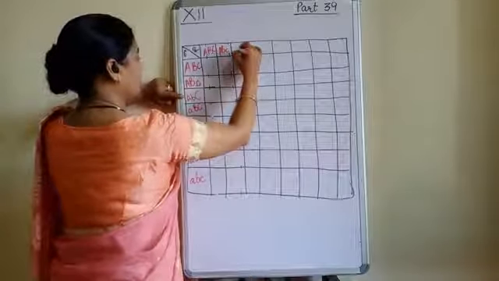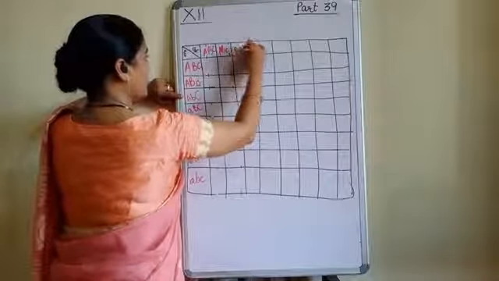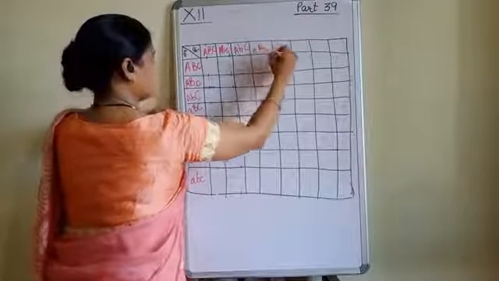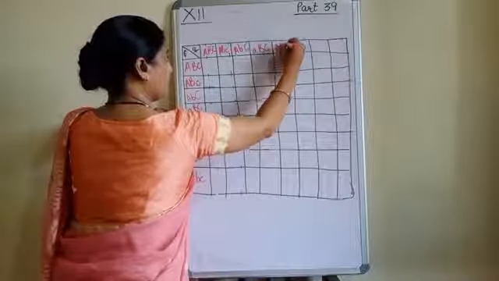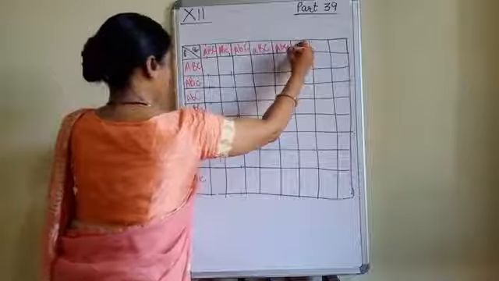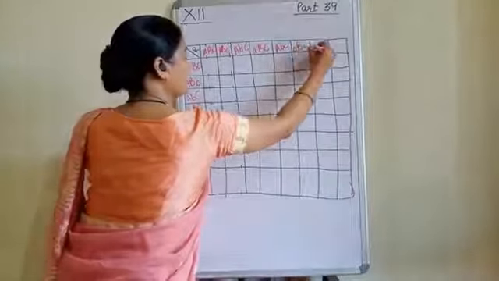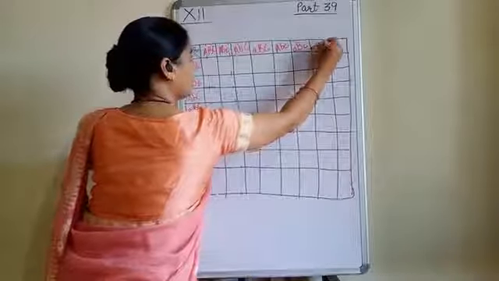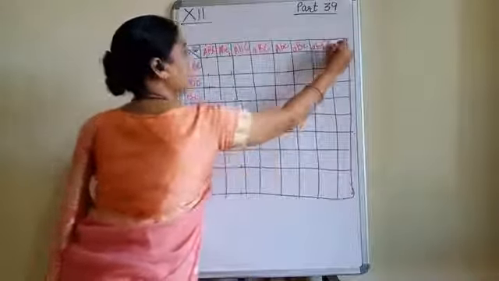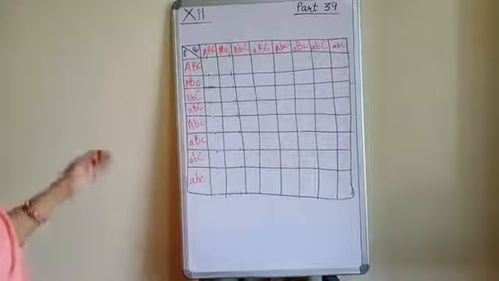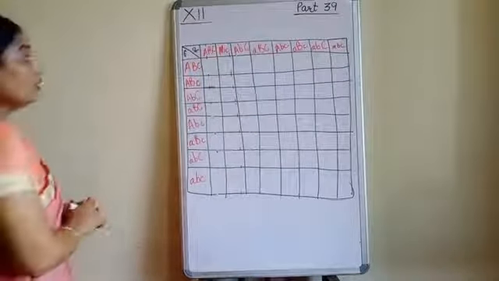Okay, come for third one. ABC, ABC. Then what to draw? A, capital B, small c. Then A, B, capital C, and all. Clear? Now, how to do the cross?